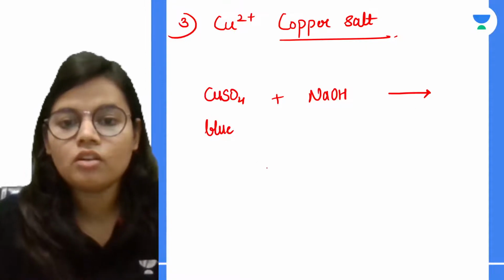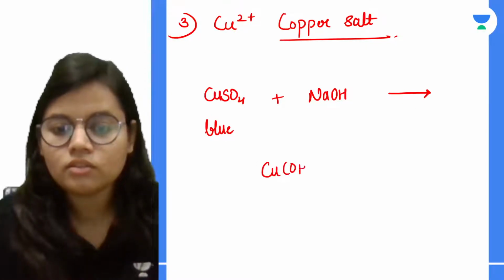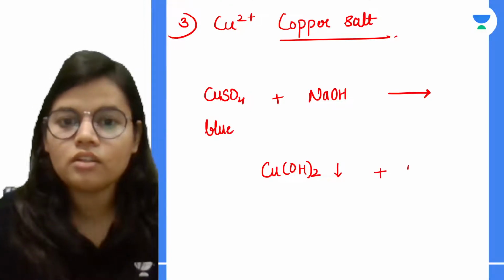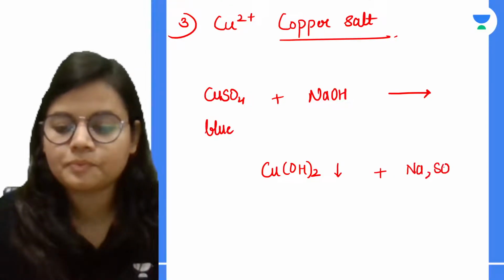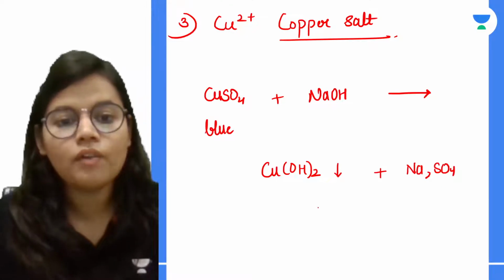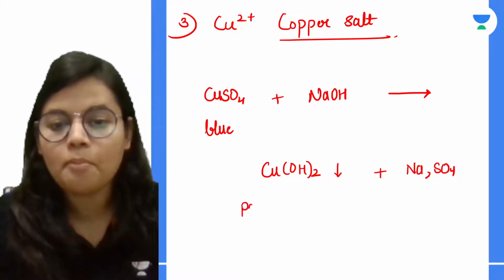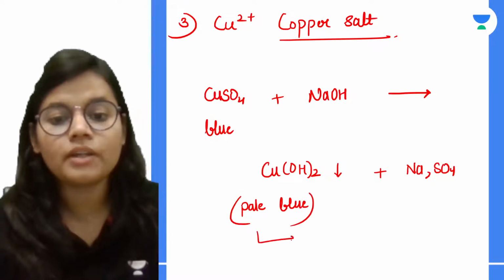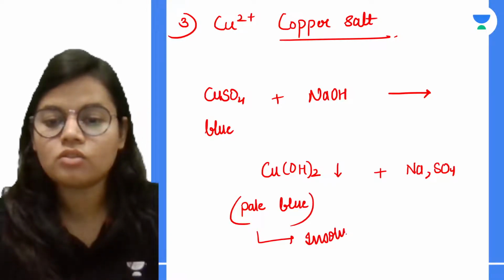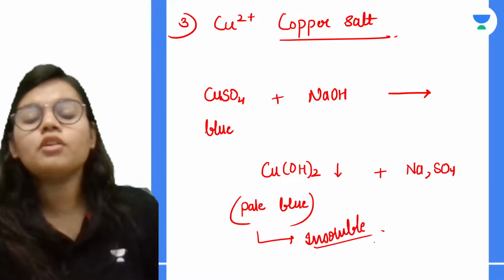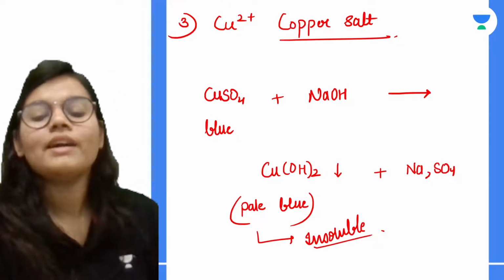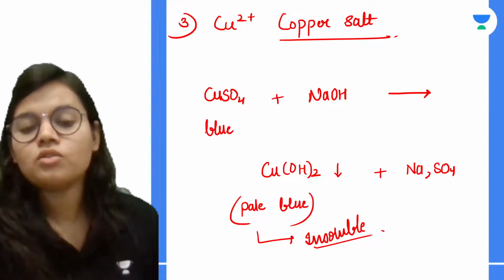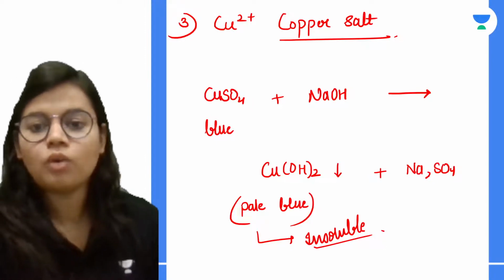We get copper hydroxide, a precipitate, and sodium sulfate. Over here the color would be pale blue, and the property is that it is insoluble. So we get a pale blue insoluble precipitate, which goes for the copper salt.